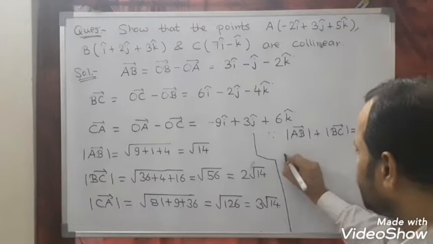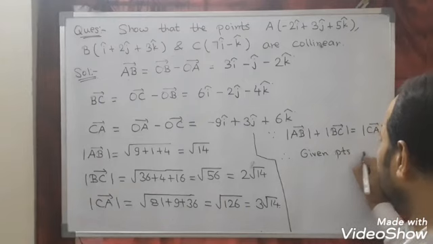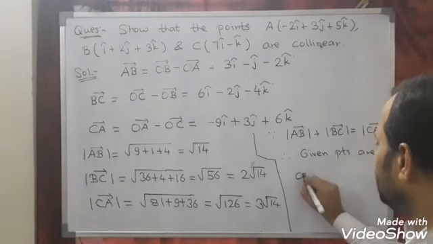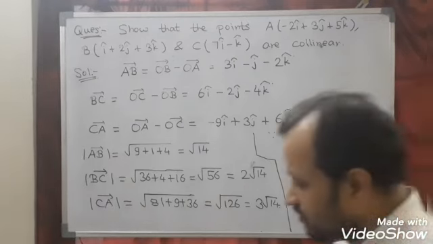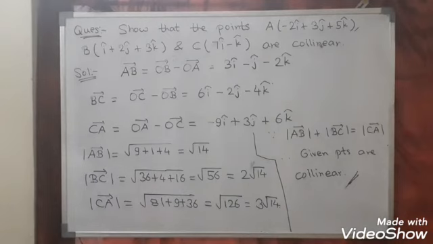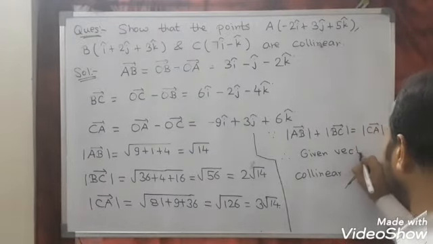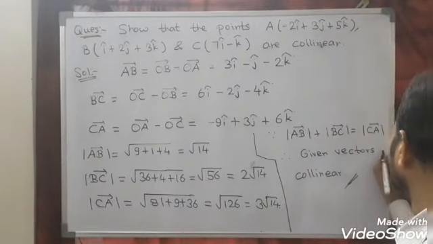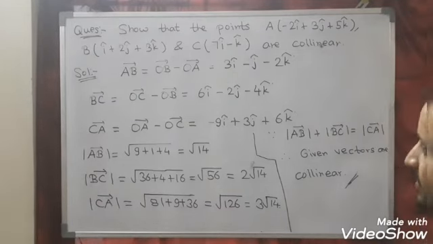From this we can say, therefore given points are collinear. Or since vectors are given, we can say given vectors are collinear. So this is one method to check whether the points A, B, C are collinear or not.